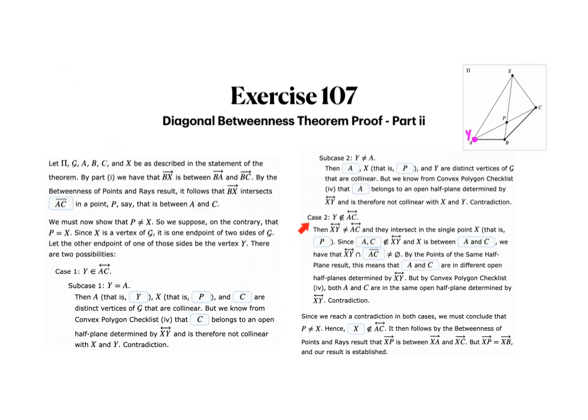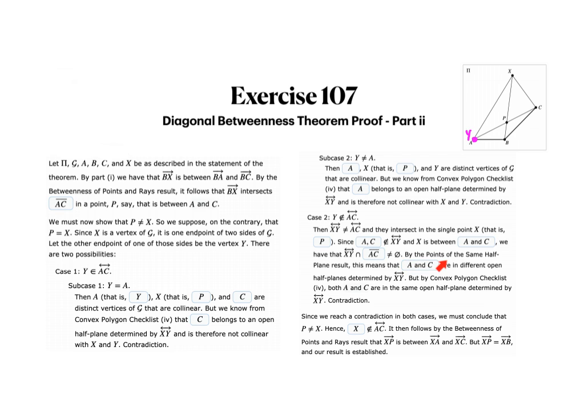Now let's look at case 2. Y is not an element of line AC. Then XY is not equal to AC, and they intersect in the single point X, that is P. Since A and C are not elements of XY and X is between A and C, we have that XY intersect AC is not equal to the empty set.